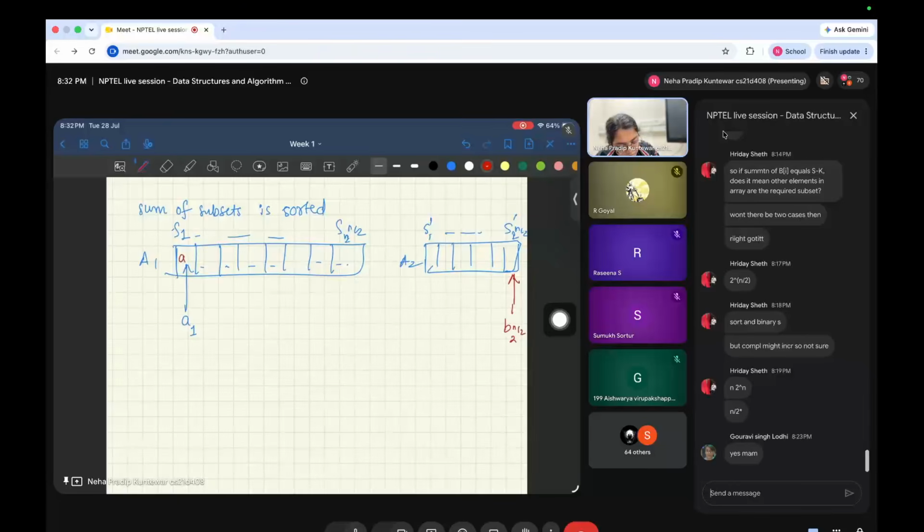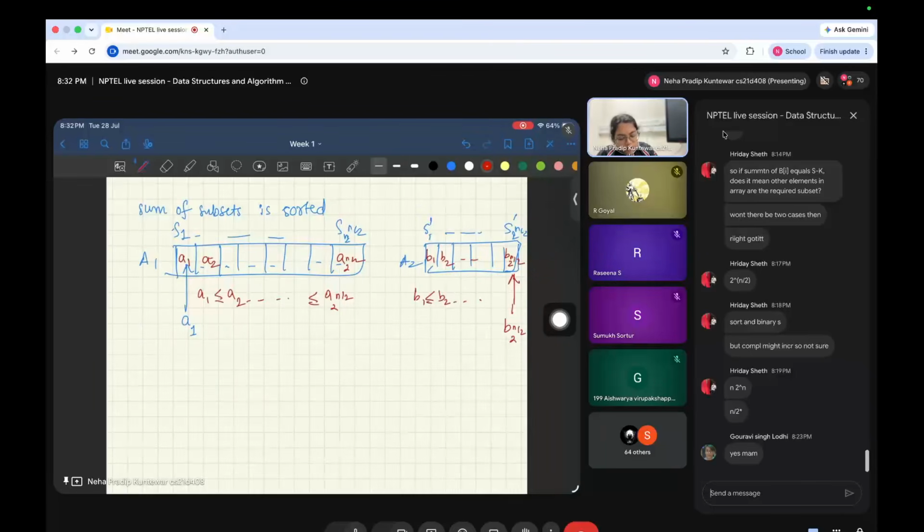So this is a1, a2 up to a2 to the n by 2, and this is, let's say, b1, b2 up to b2 to the n by 2, where a1 is less than or equal to a2, and so on. Similarly for b.